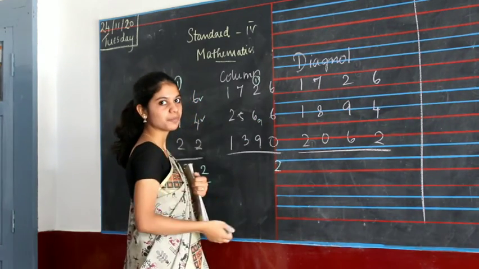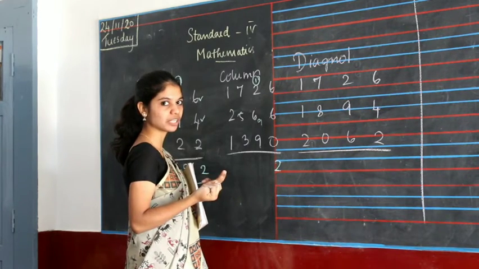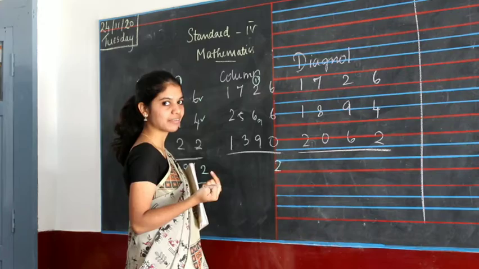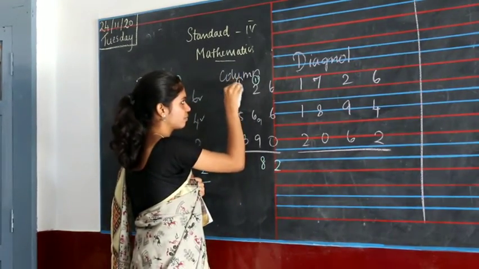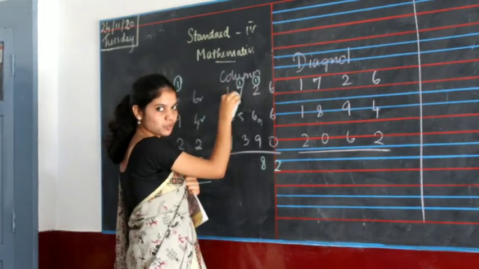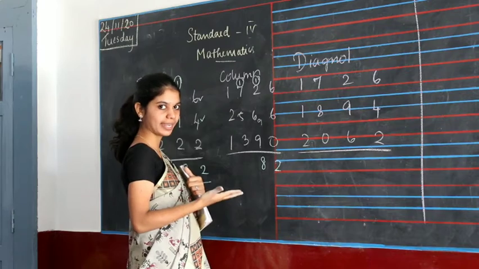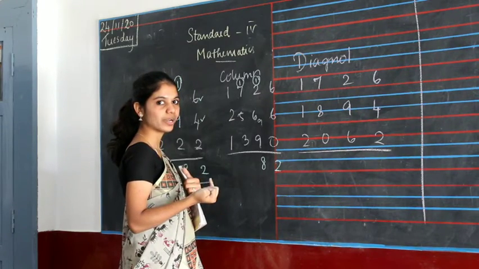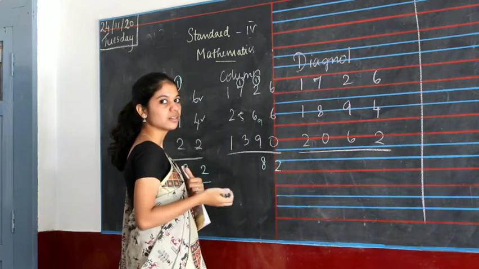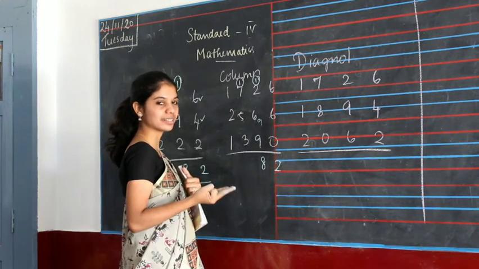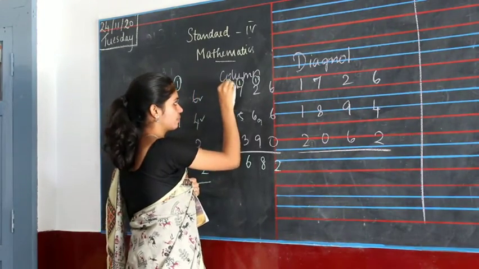9 plus 9, 9 in your mind, 9 in your finger. 9 after 10, 11, 12, 13, 14, 15, 16, 17, 18. So 8, remainder will be 1. 7 plus 1 will be 8. 8 plus 5, 8 in your mind, 5 in your finger. 8 after 9, 10, 11, 12, 13. 13 plus 3. 13 in your mind, 3 in your finger. 13 after 14, 15 and 16. 16. 1 remainder.